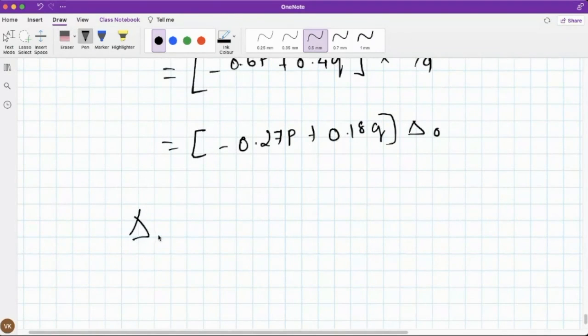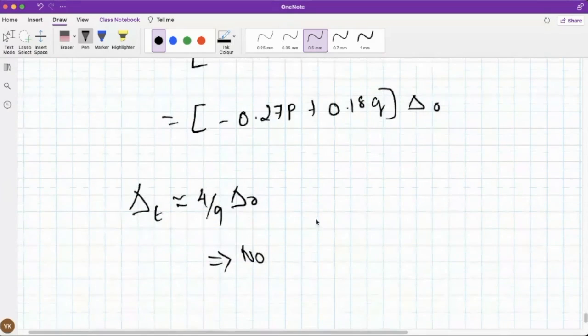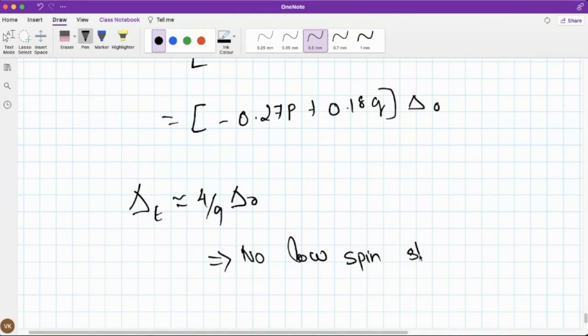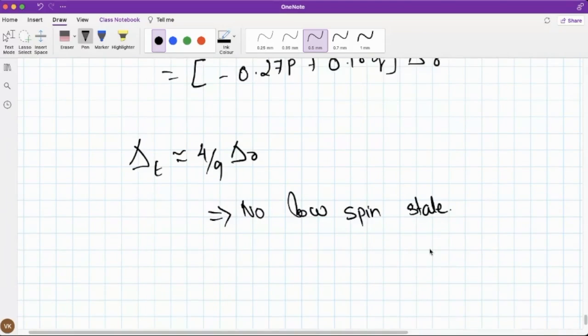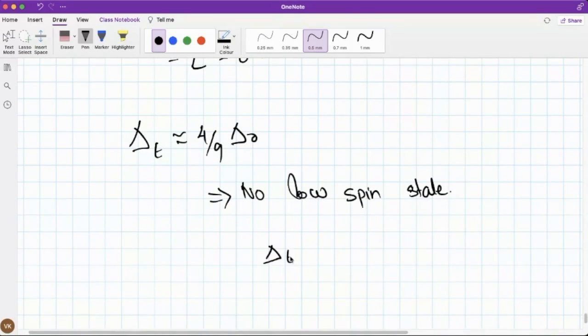The delta T is approximately 4/9 delta naught, so that implies there is no low spin state because the delta T is lower than pairing energy. The delta T is always lower than pairing energy. There is no low spin state. It is always high spin state.